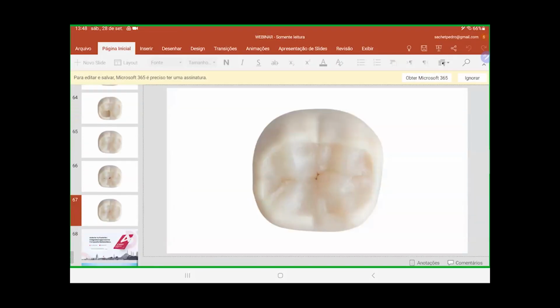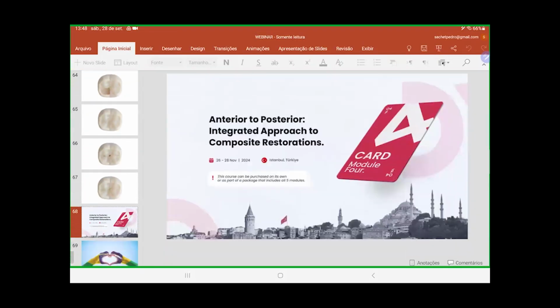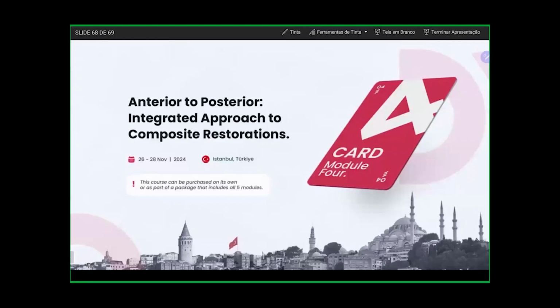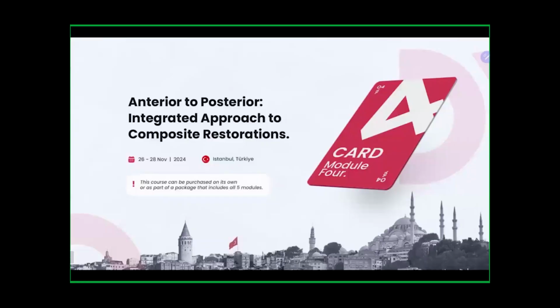Here is the program. My course is the fourth module of the program, and it will happen on the 26th, 27th, and 28th of November in Istanbul. Super. And you're covering the anterior and the posterior approach? Yes, of course. Anterior and posterior teeth, and the focus is on morphology.